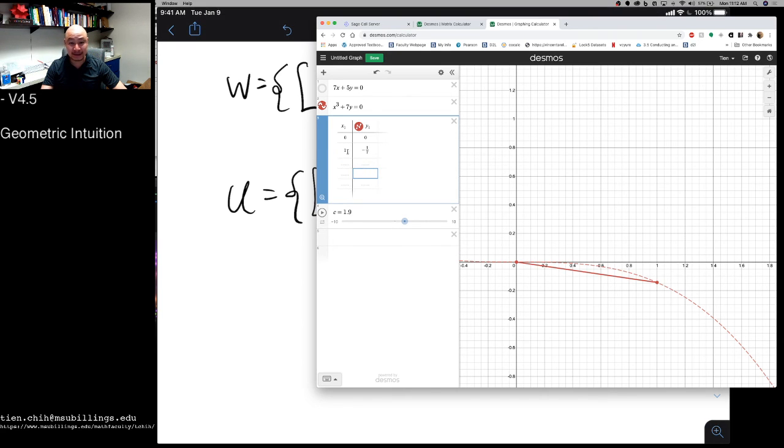On the other hand, we can also show that it doesn't respect scalars either.